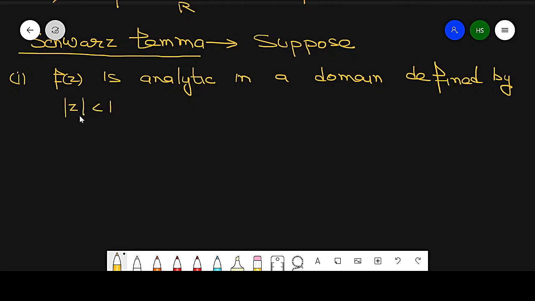In the previous theorem, it was capital R. So here it is 1. So it means capital R will be shifted to 1.